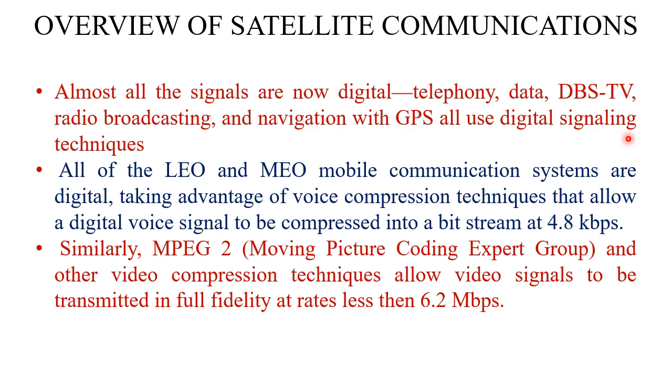All of the LEO and MEO mobile communication system, LEO means lower Earth orbit and MEO means medium Earth orbit, they are using digital link, taking advantage of voice compression techniques that allow a digital voice signal to be compressed into a bit stream at as low as 4.8 kbps. Similarly, MPEG-2, that is moving picture coding expert group, and other video compression techniques allow video signals to be transmitted in full fidelity at rates less than 6.2 Mbps.